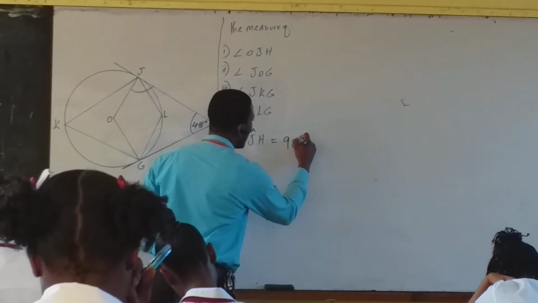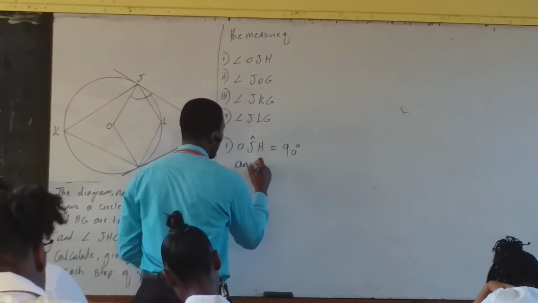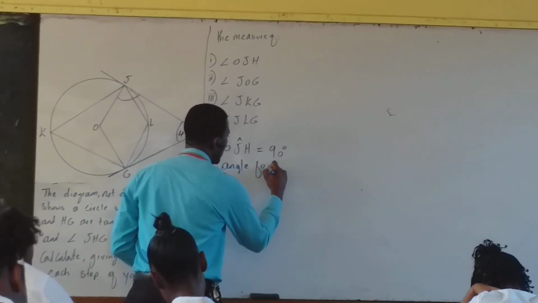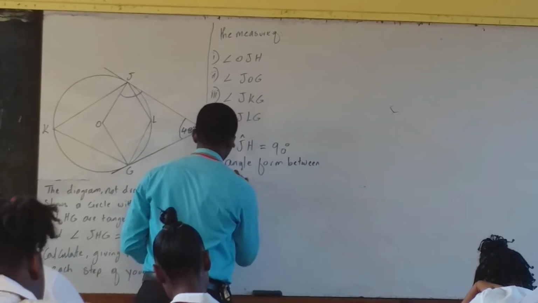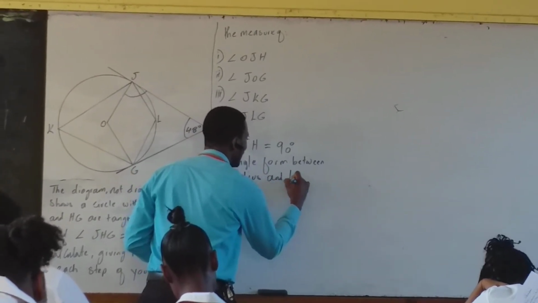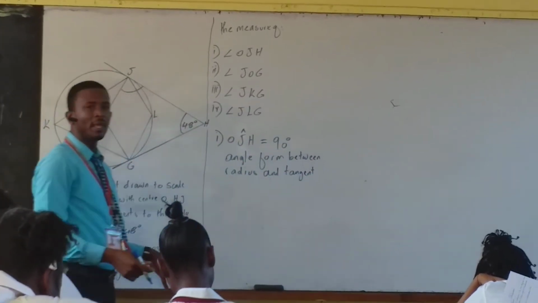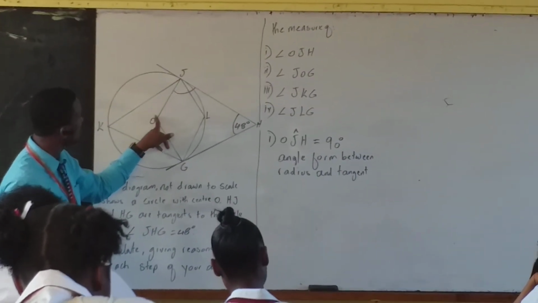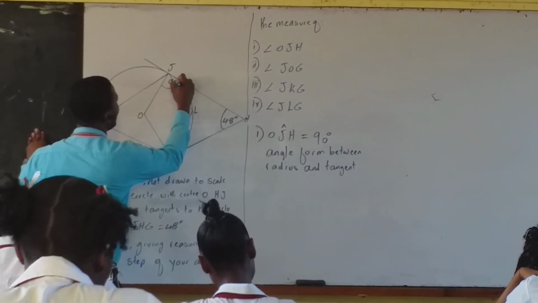So this angle here is 90 degrees, and our reason is angle formed between radius and tangent. So please remember that whenever an angle is formed between a radius and a tangent, it measures 90 degrees.